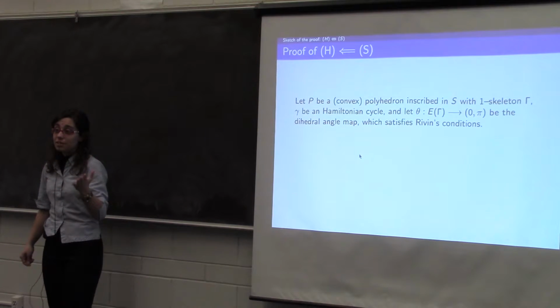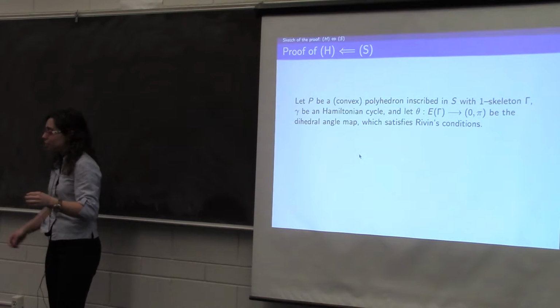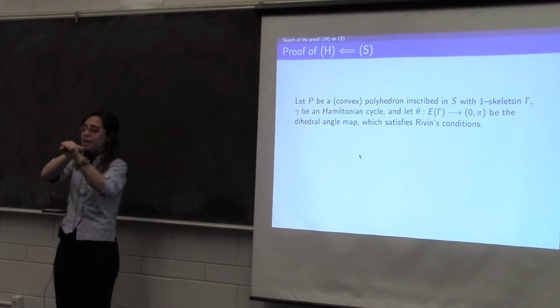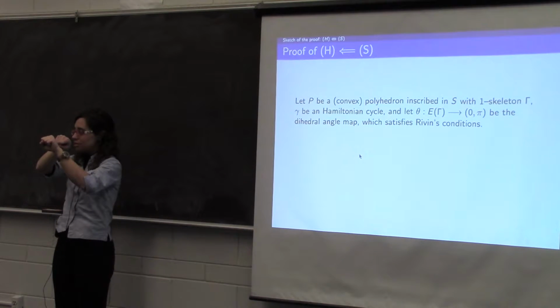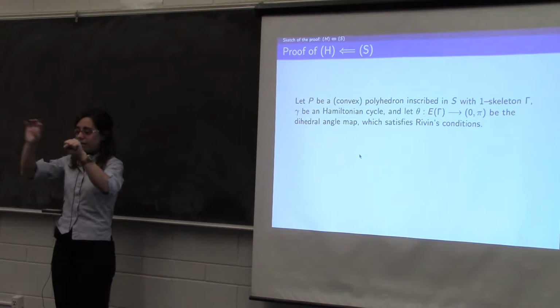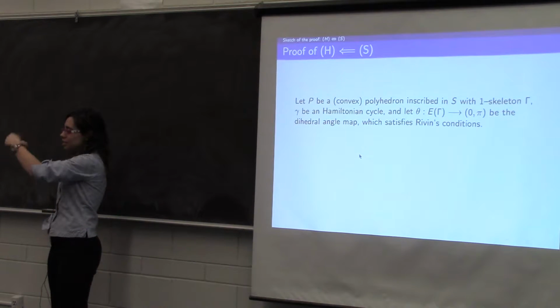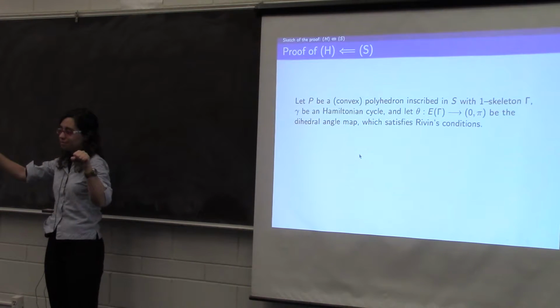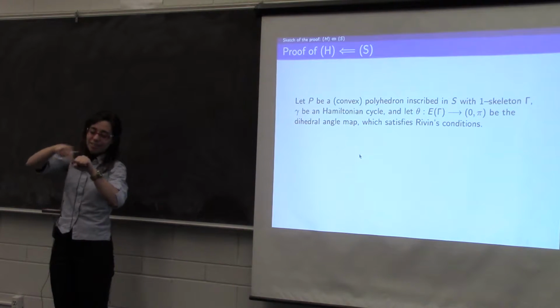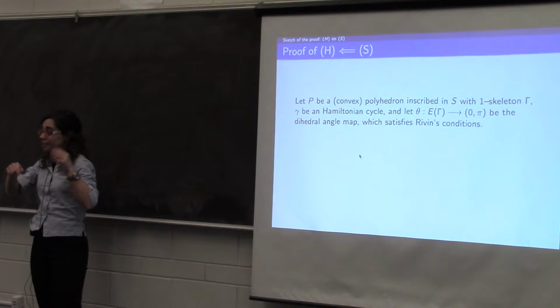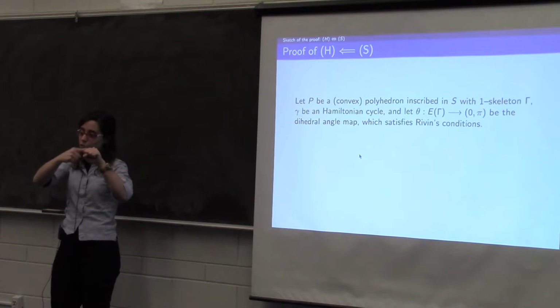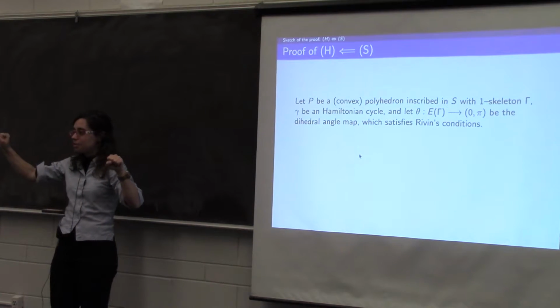So I think it's very clear what we should do. This second condition is telling us that the sum of the exterior dihedral angles at a vertex is 2 pi, okay? And we want to create a function such that the sum of the exterior dihedral angles is 0. But the Hamiltonian cycle, thankfully, gives us a choice of 2 edges for each vertex, okay?